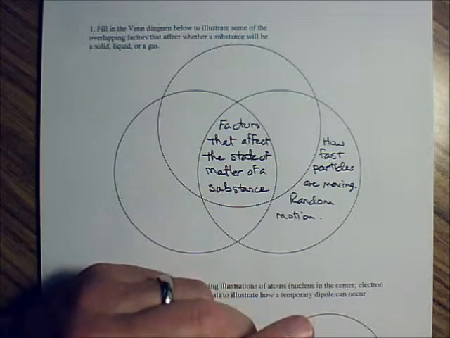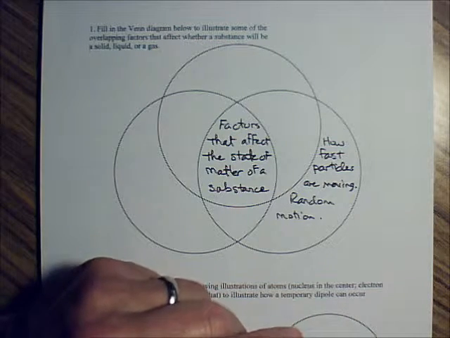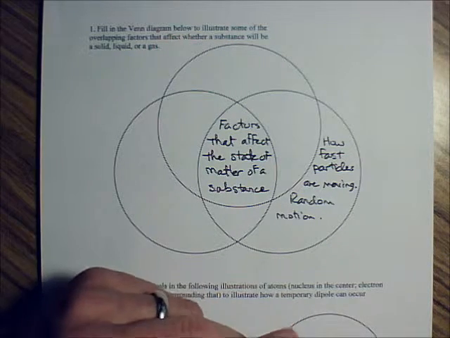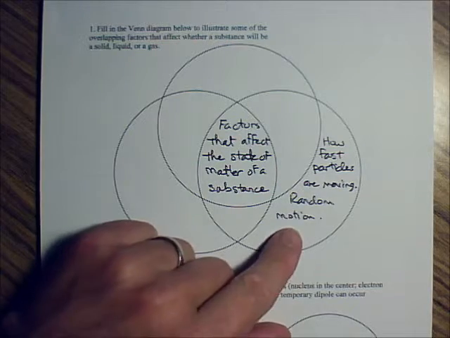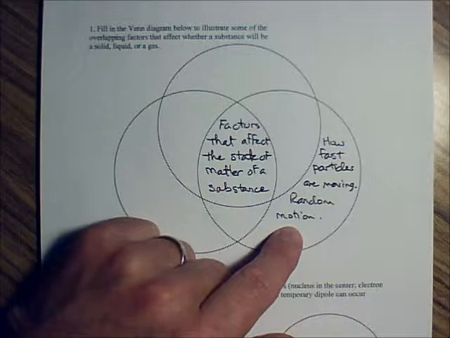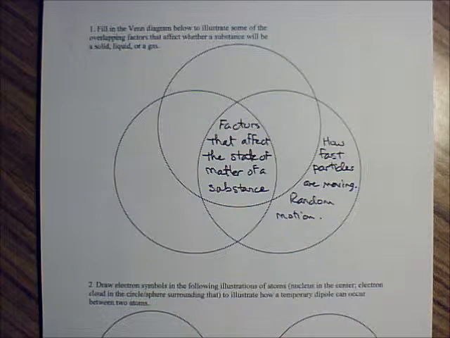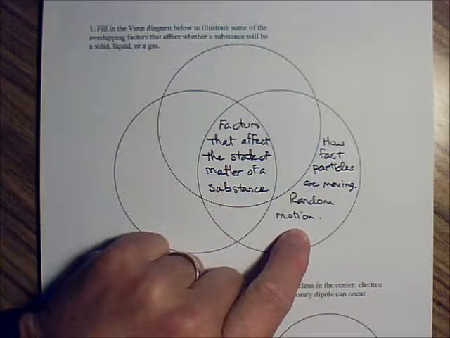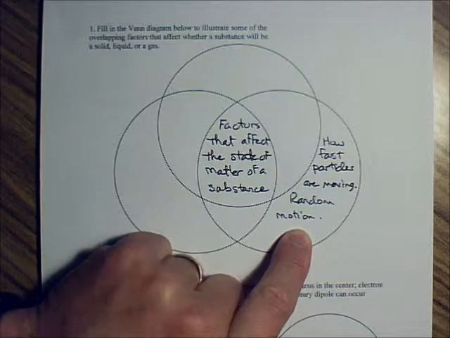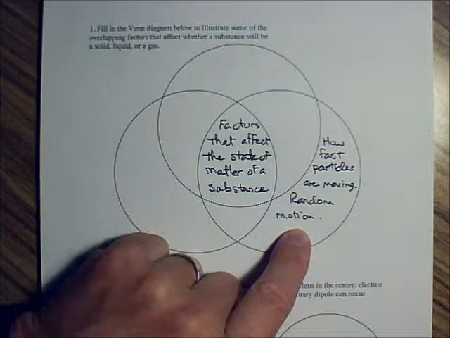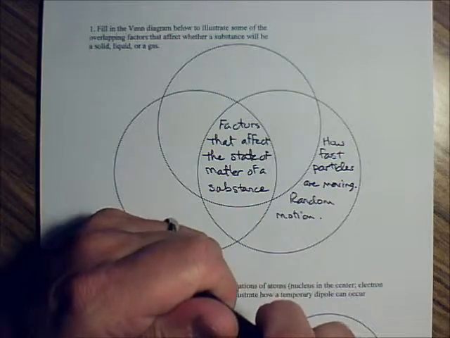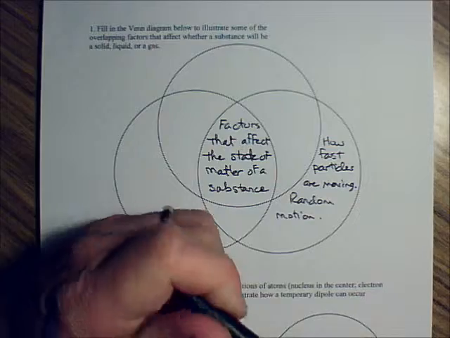Temperature is a relative comparison of the average random motion and mass of the particles in a substance.